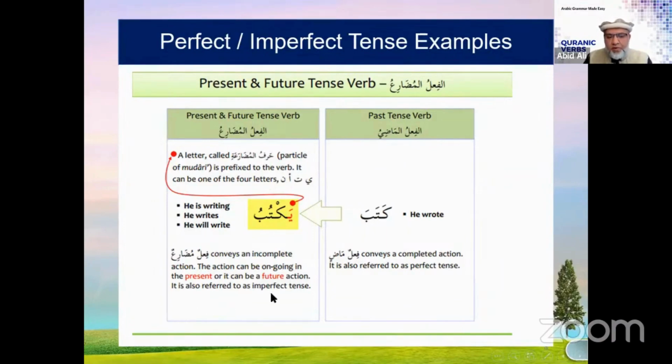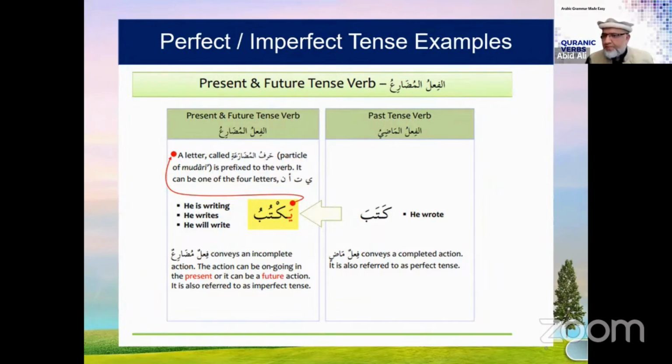So in the future, if I say perfect tense, what am I talking about? Fi'l Madi, past tense. If I say imperfect tense, then I'm talking about either the future or the present tense. In the Arabic language only, the people of Arabic grammar have combined the present and the future in one tense, and they call it Fi'l Mudari.